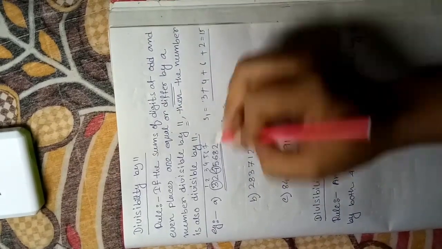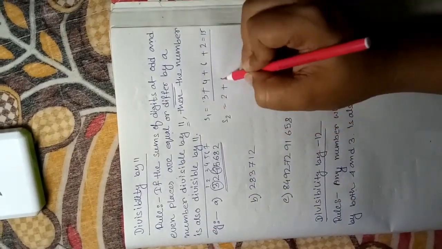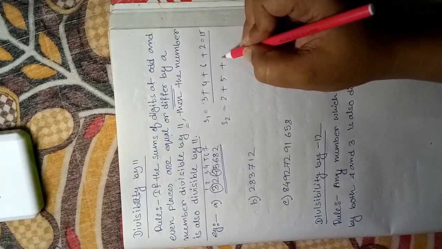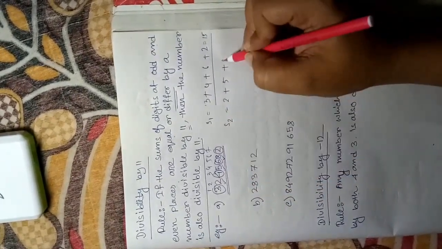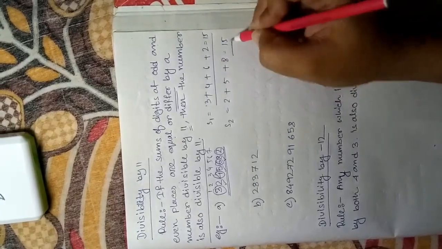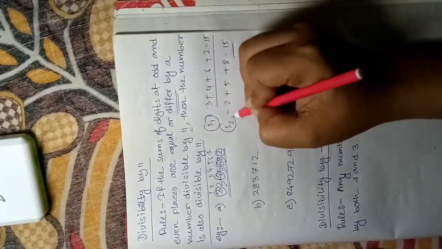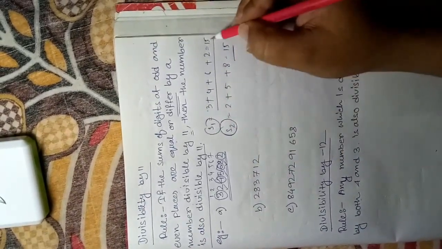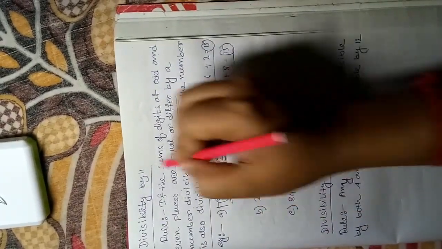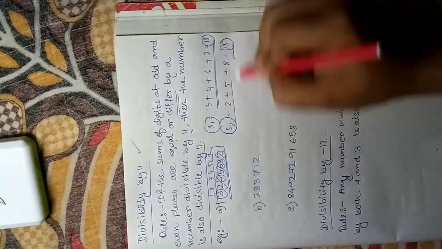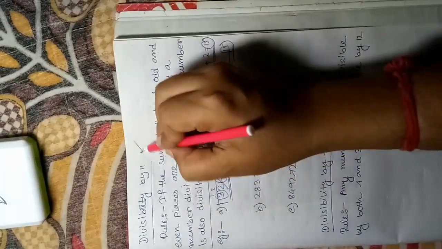Suppose s2 is 2, 5, 8, and these are also 15. So the summations of s1 and s2 are equal, both are 15. That means this number is divisible by 11. If these are equal, then the number should be divisible by 11.